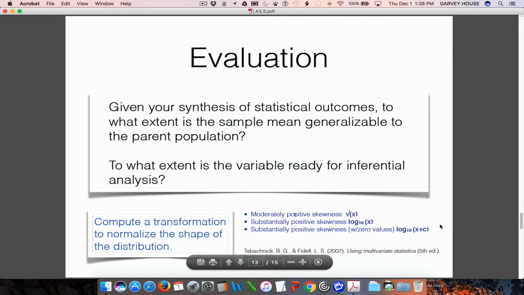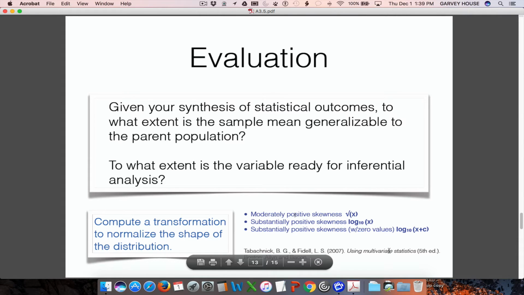And then if there are zero values, then you can take the log base 10 of each point plus a constant, and the constant is the difference between the lowest value and zero. So if the lowest value in your distribution was 7, then the constant would be 7. That's what you would add to it, because you can't take a logarithm of 0.